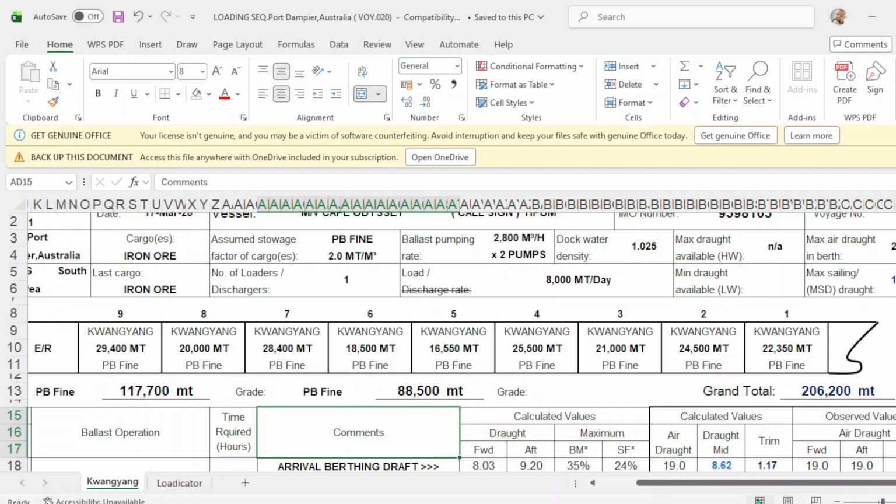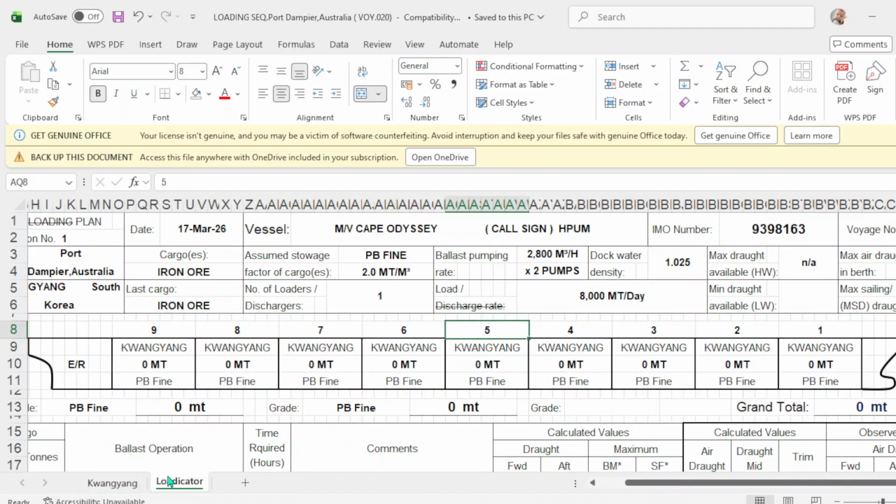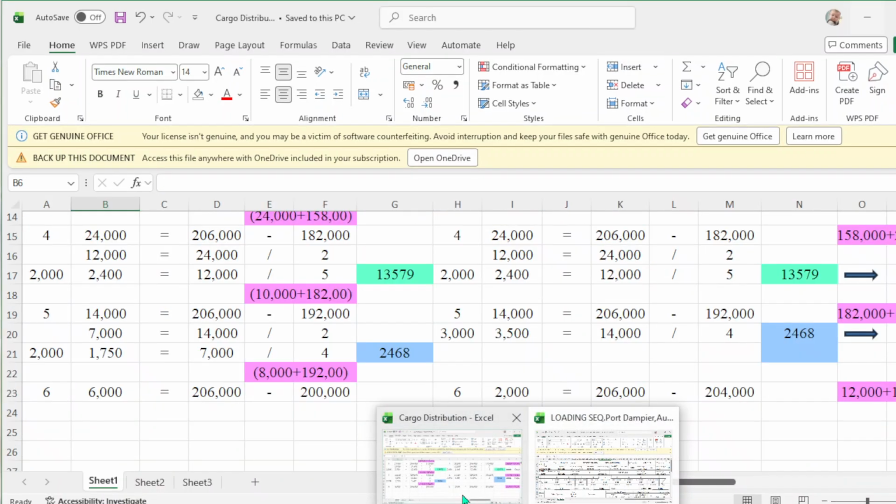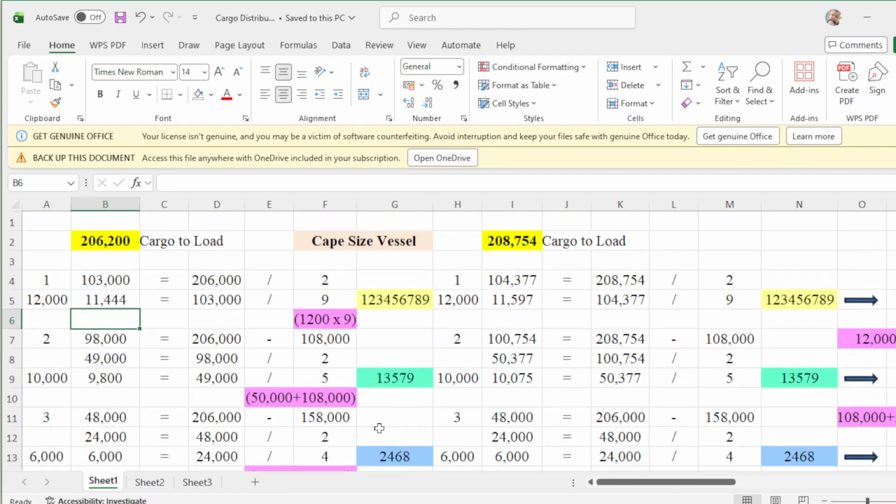Since we don't have the loadicator, we will just use this one. So here, I put loadicator. I put initial 0, meaning we have to start from 0.